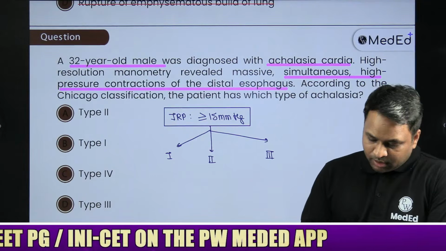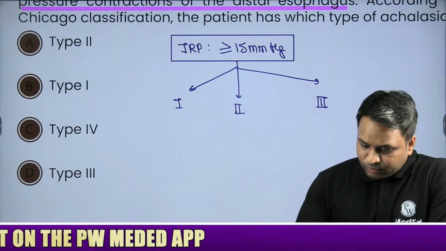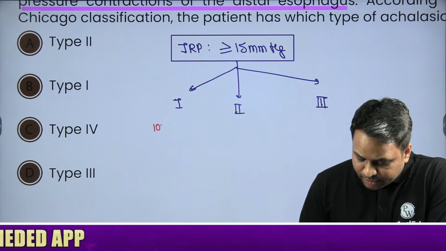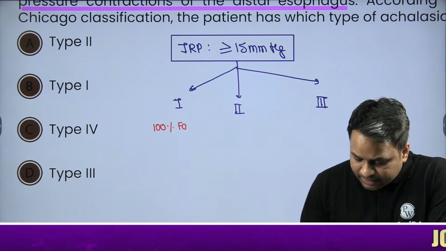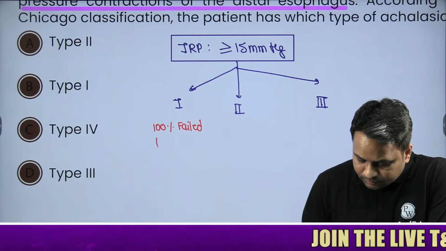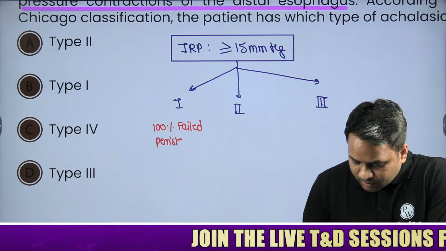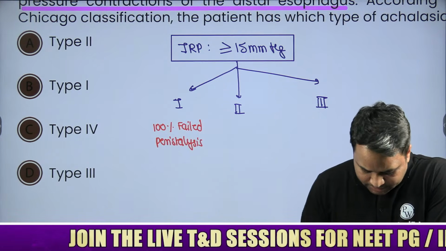Now, in type 1, how do you know? One thing you'll see, there's 100% failed peristalsis.